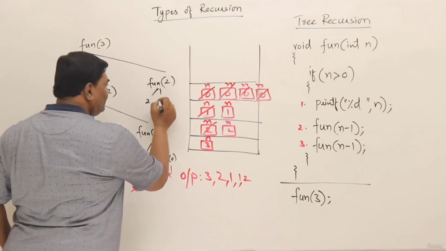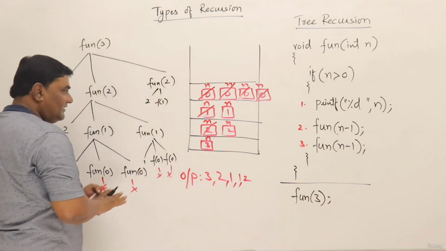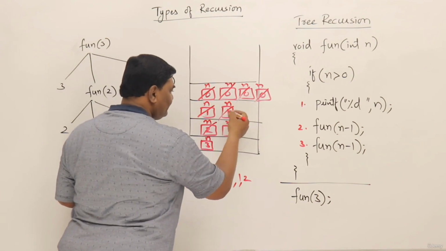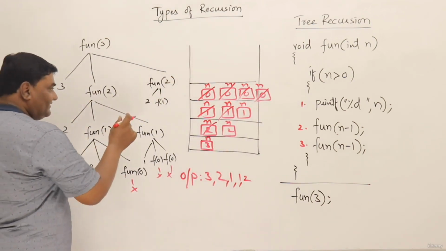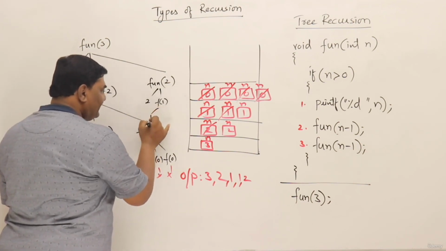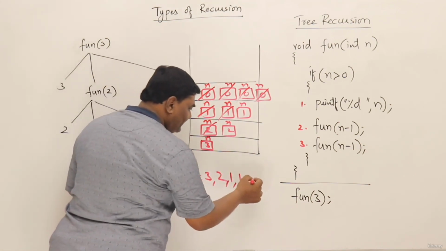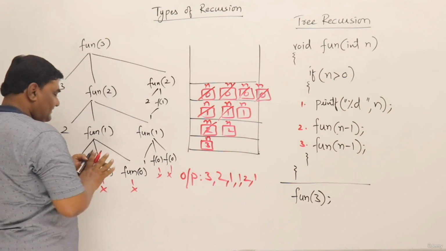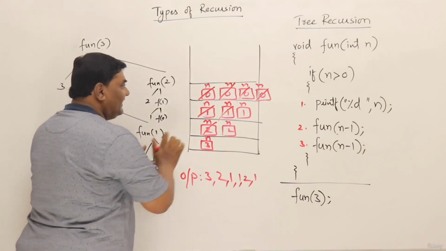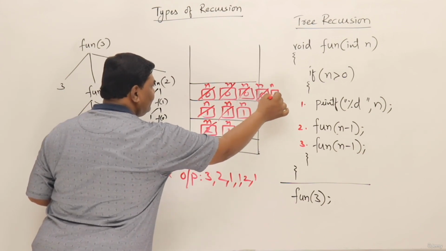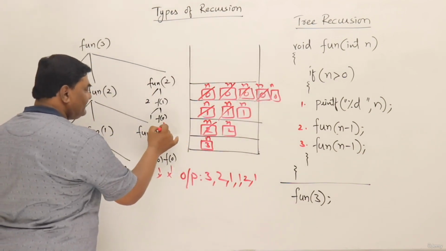Then a call for fun of 1, a new activation record is created. Then for this, value 1 is printed. Then a call for fun of 0 and this ends. One more activation record is created with value 0 and this ends.